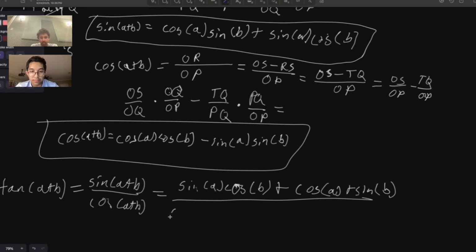Over the cosine of A times the cosine of B minus the sine of A times the sine of B.